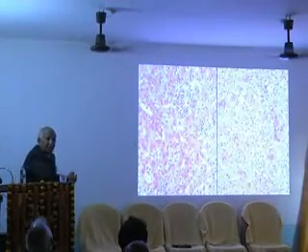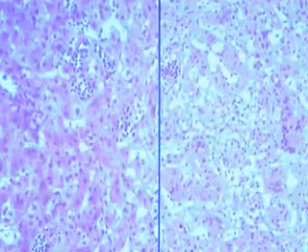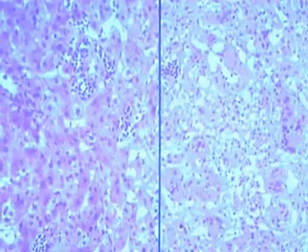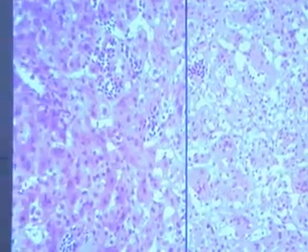So the hematopoietic cells are persistent. There is some cholestasis, and there are some giant cells. These are not foreign body giant cells or Langerhans giant cells or tumor giant cells. So there is another type of giant cell, that is hepatocytic giant cells.